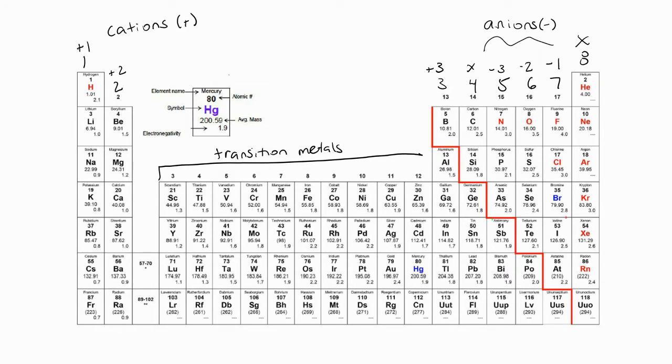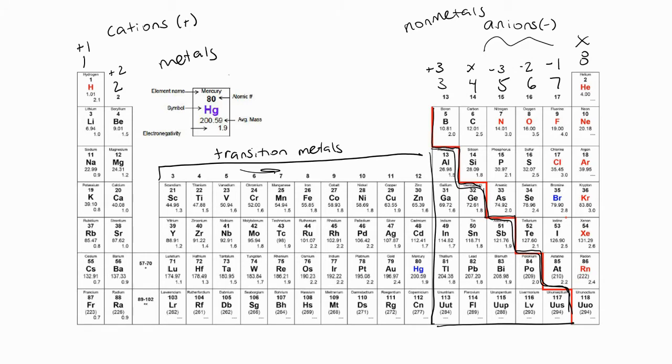And actually, so this stair-step line that we've got in red here is going to divide up our metals, which are on the left, and our nonmetals that are on the right. And we have this funny little chunk here. So this bit right here, we call them the post-transition metals because they come after these transition metals.